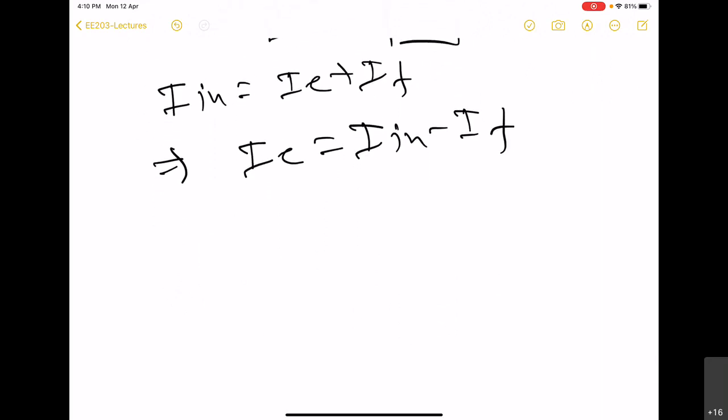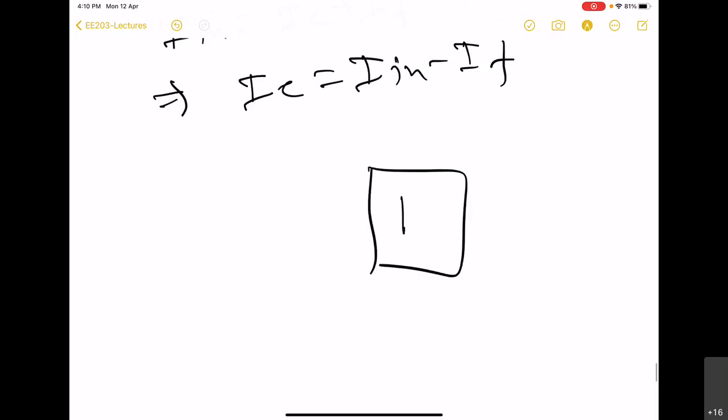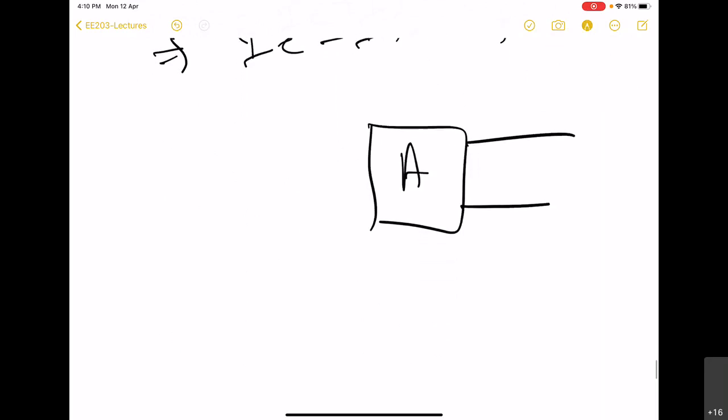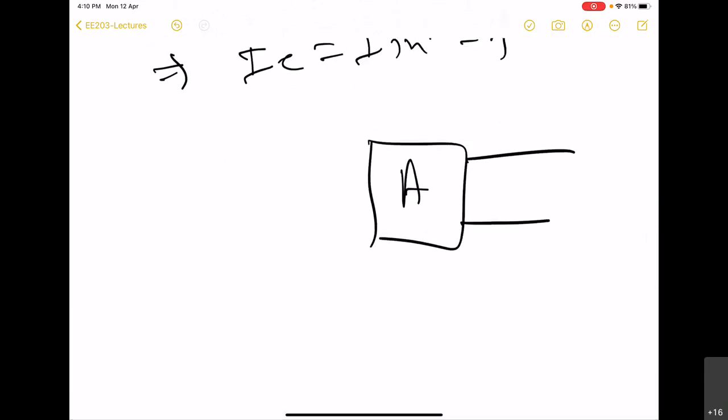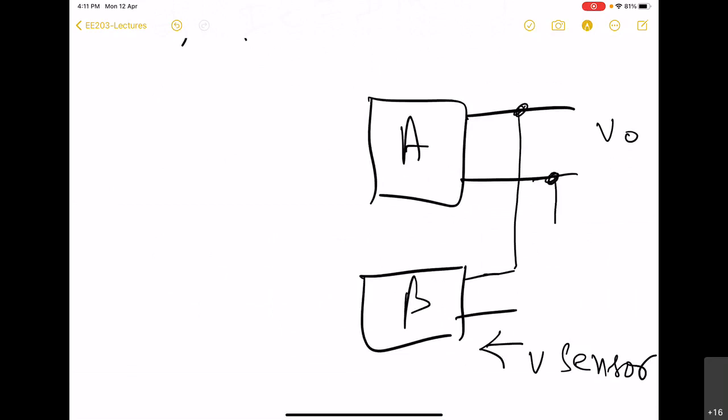Now similarly, on the amplifier output side also, we can have a parallel or series connection. So here we have our amplifier, and suppose it is producing output voltage. So my feedback network should be a voltage sensor, so it has to be connected in parallel with the amplifier like this.